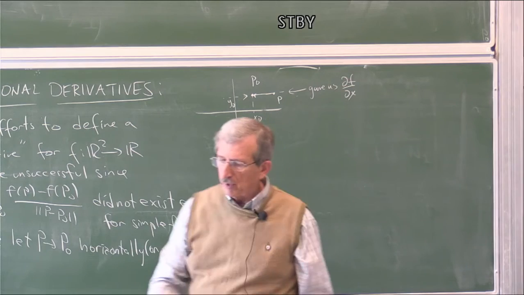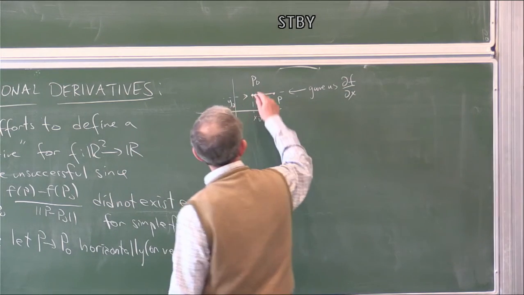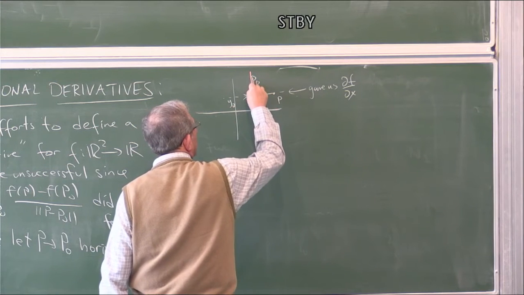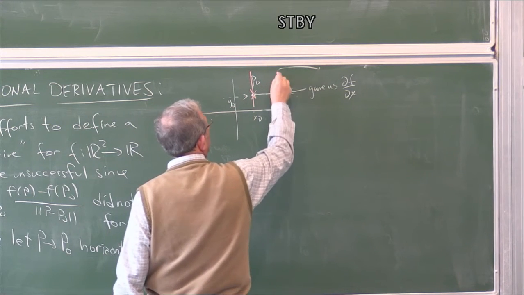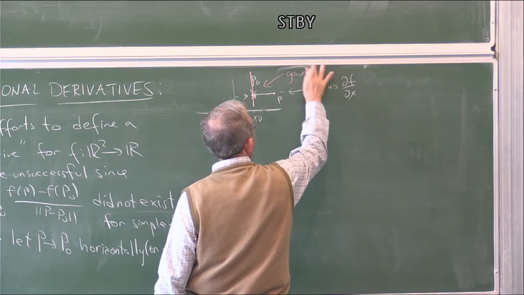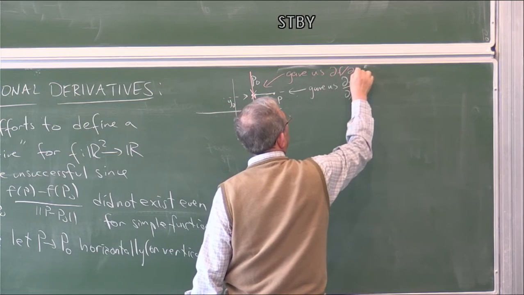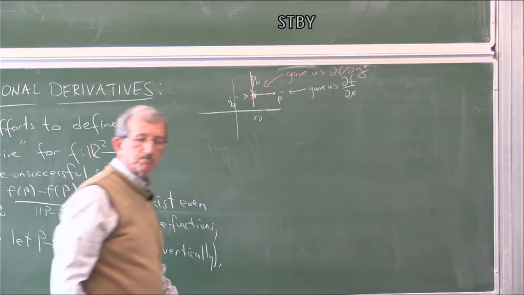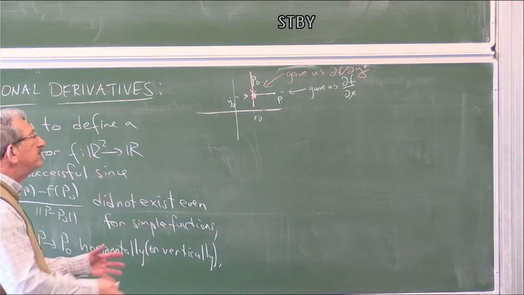Or we made it move vertically, that's to say this way, which gave us del f del y. We consider these as the partial derivatives and so on.